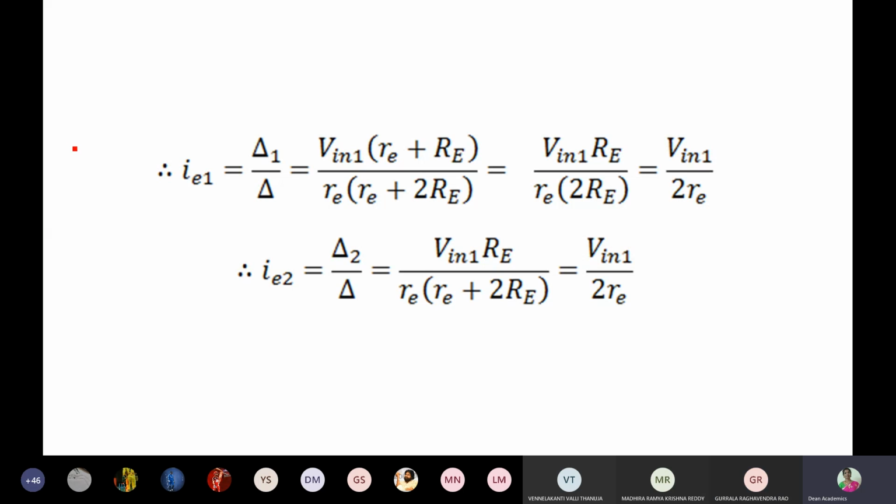After writing this, delta 1 by delta, here we do as usual: small re plus capital RE is equal to RE. We replace it because capital RE is far greater than small re, therefore we neglect it and replace it with capital RE only. And here small re plus 2RE.